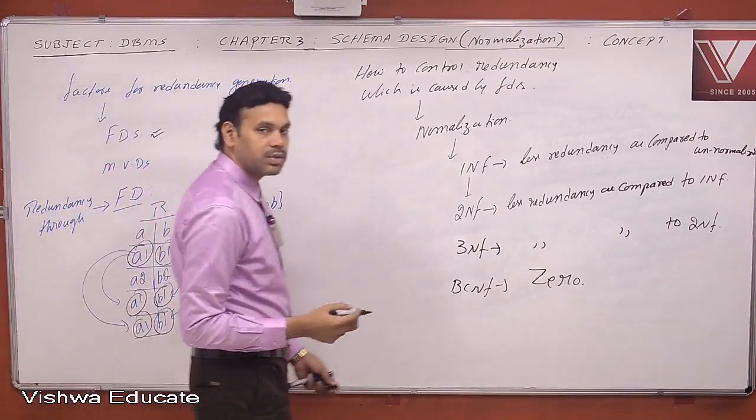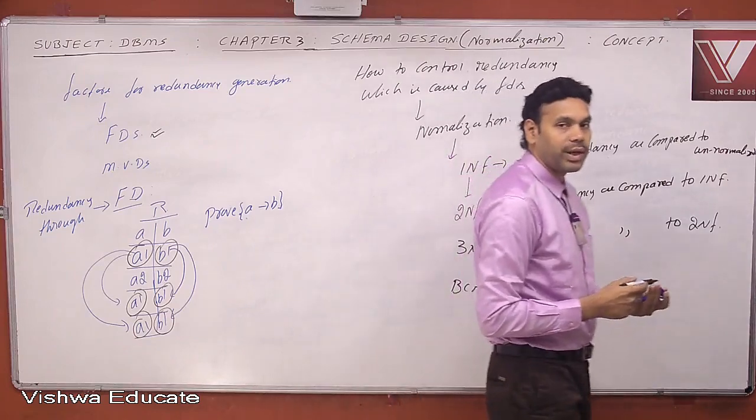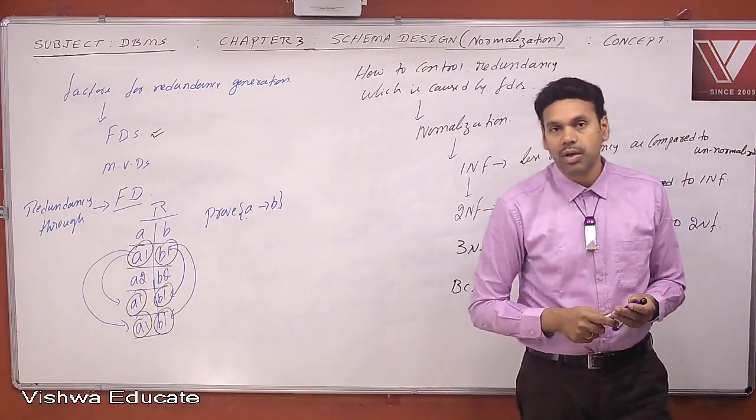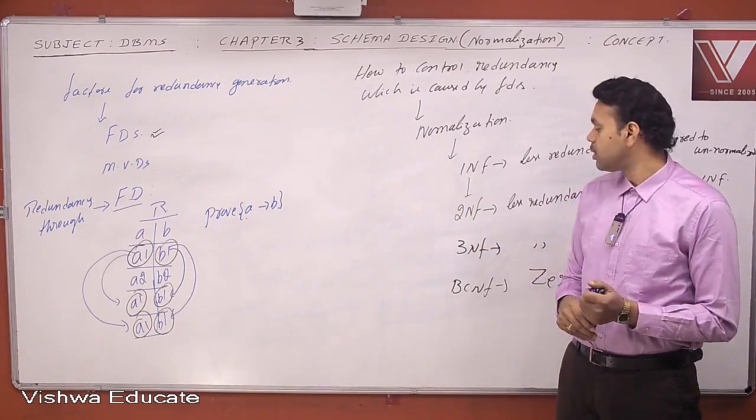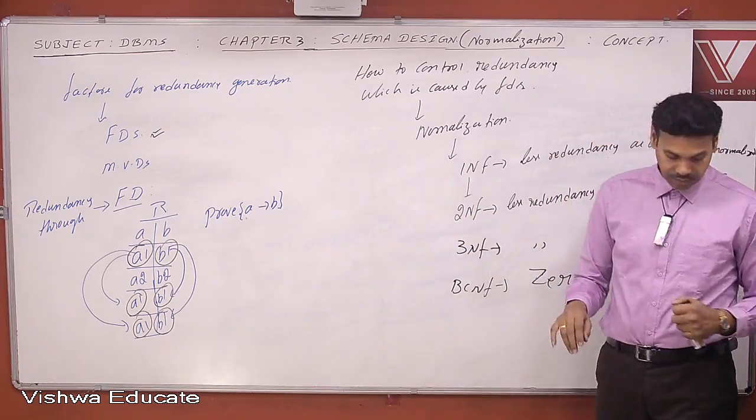Copy this once. We will see what normal forms we have so that you can avoid the redundancy which is caused by functional dependencies.